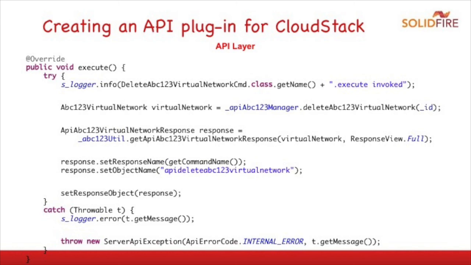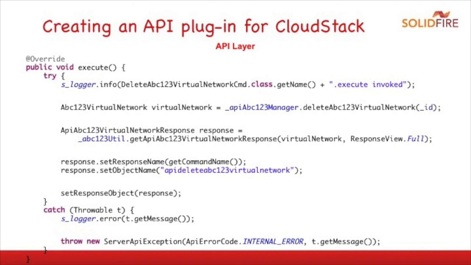Typically your execute method is not usually very long. It just takes the parameters that were passed in, and it might do some validation on them if it needs to. A lot of times that's already done by CloudStack's infrastructure. But if there's some additional validation you need to do, you can do that here. Then you can pass into your business object, invoking whatever functionality it has that supports the needs of this particular API command.